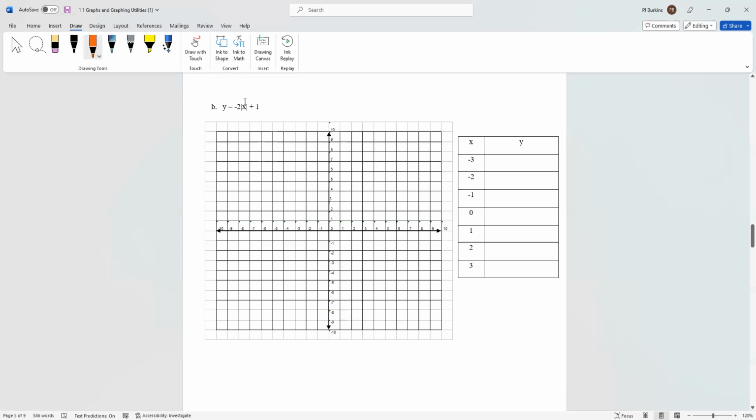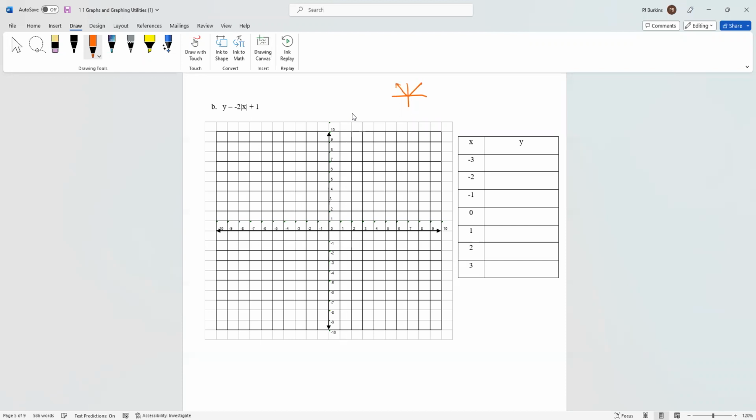Now notice this one has an absolute value. This one's not something that you may have dealt with before or remember very well if you have. So I'm not expecting you to know too much about what this is going to look like. We call these things parent functions. So an absolute value function is going to look like this.